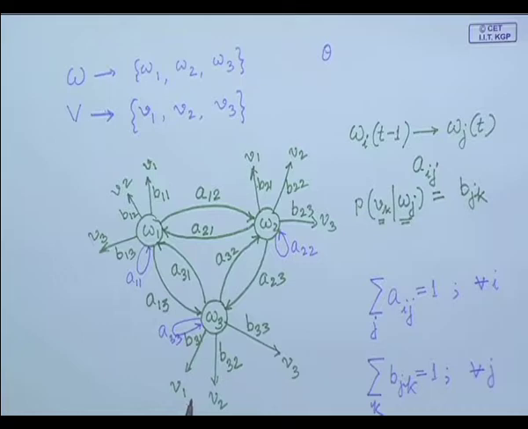Given this, we have also said that a hidden Markov model has a specific hidden state which is called a receiving state, or an accepting state, or a final state. Once the machine reaches that state, it cannot come out of it.